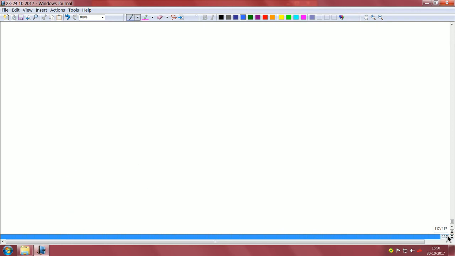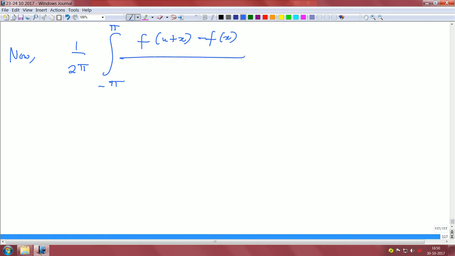So, now let us simplify this. Now, 1 upon 2 pi is what we have, integral minus pi to pi f of u plus x minus f of x divided by, there is a negative sign here, divided by sine.